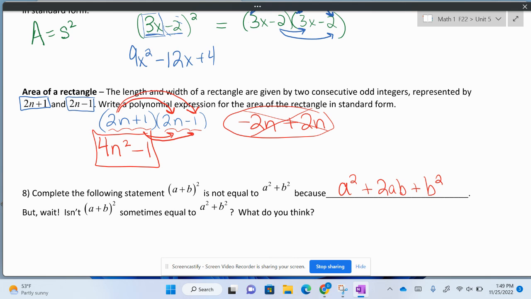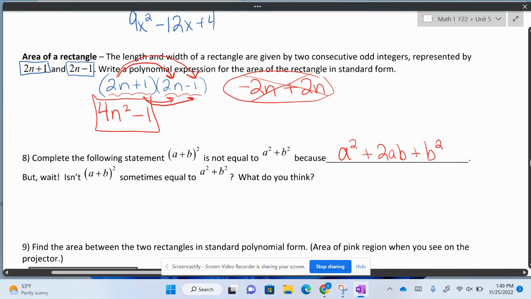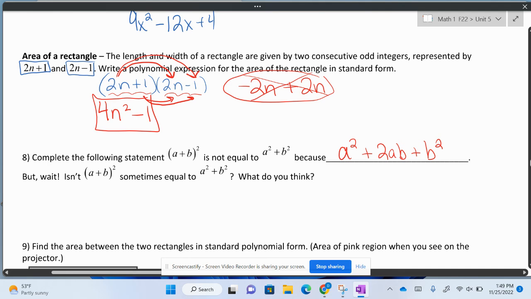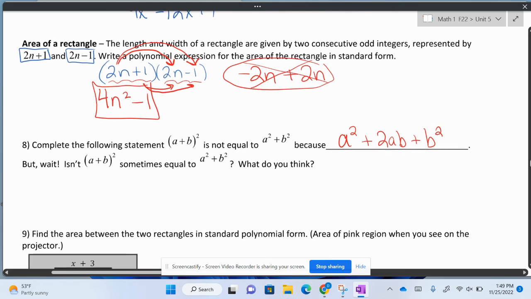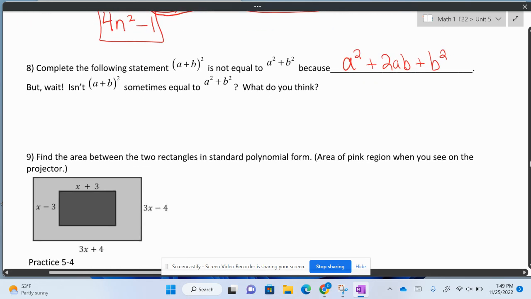Okay, so it says, but wait, isn't a plus b, the quantity squared, sometimes equal to a squared plus b squared? What do you think? So we'll come back to that one.